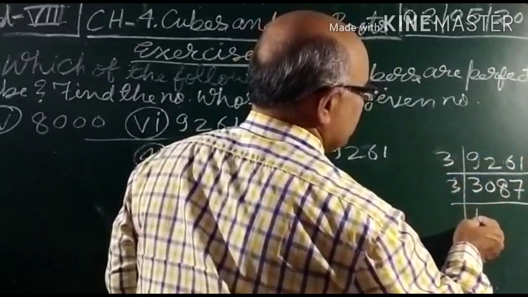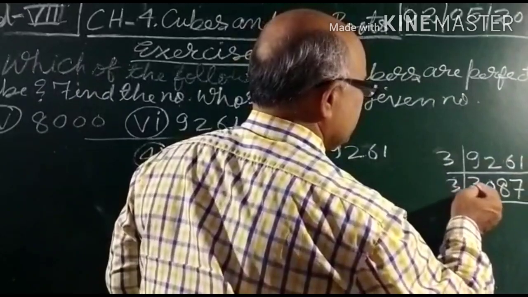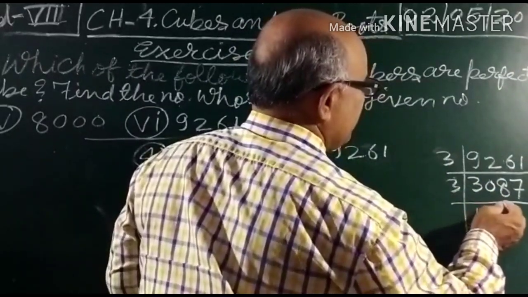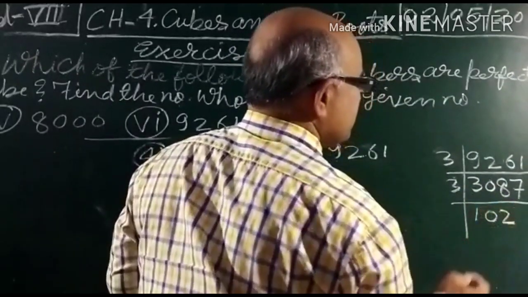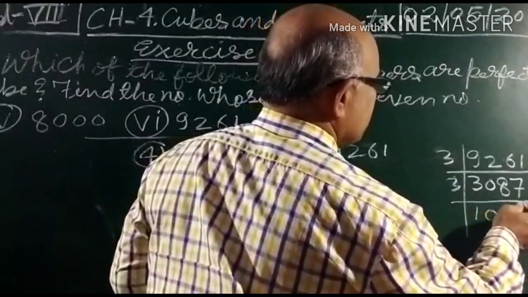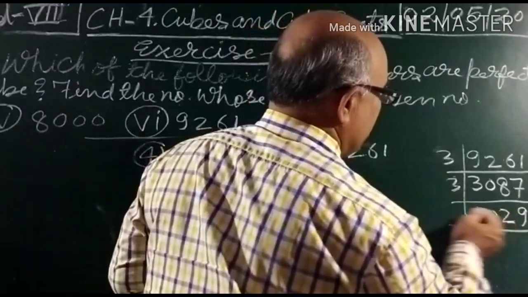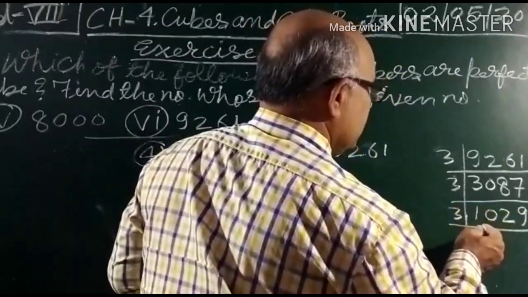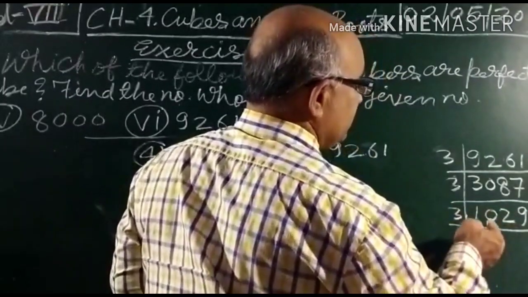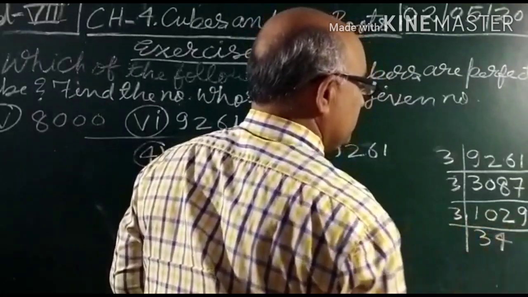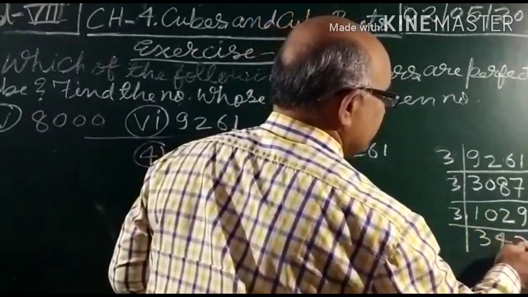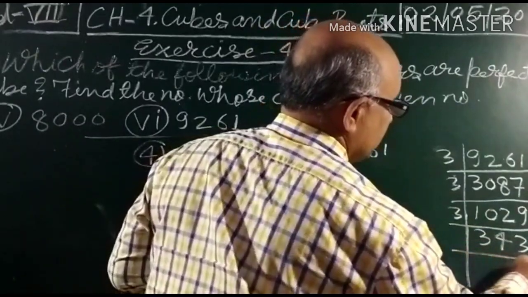Again 3 times: 3 ones are 3, 0, 3 twos are 6, 3 threes are 9. Again 3 times: 3 threes are 9, 3 fours are 12 and 3 threes are 9.